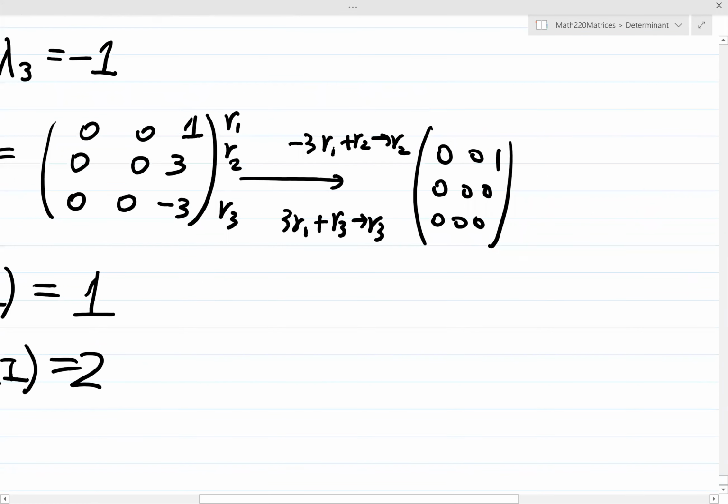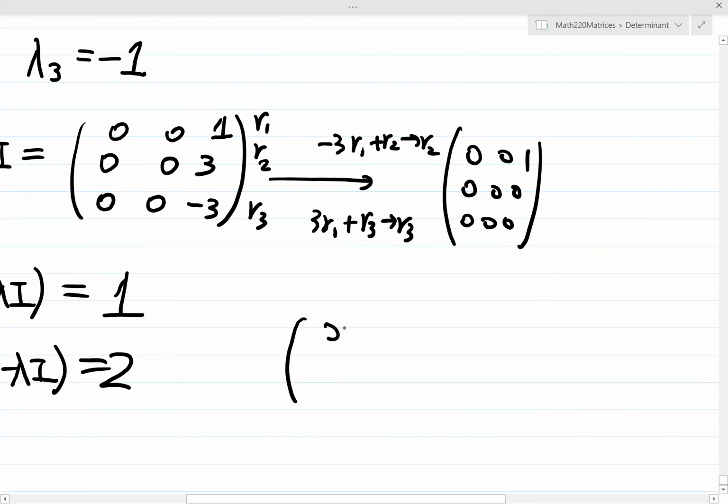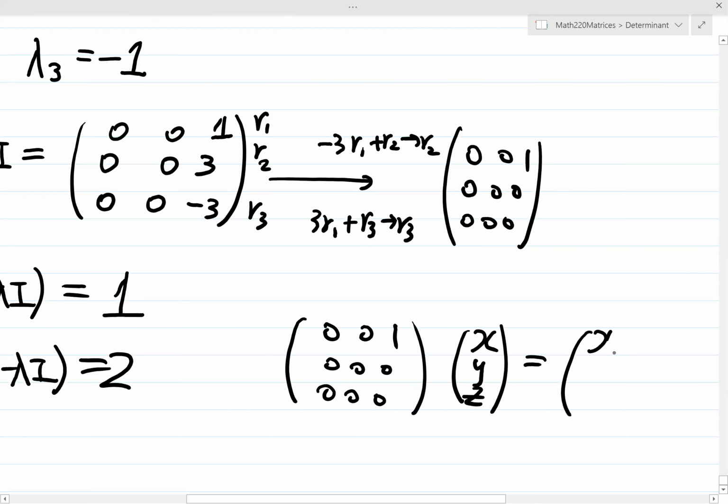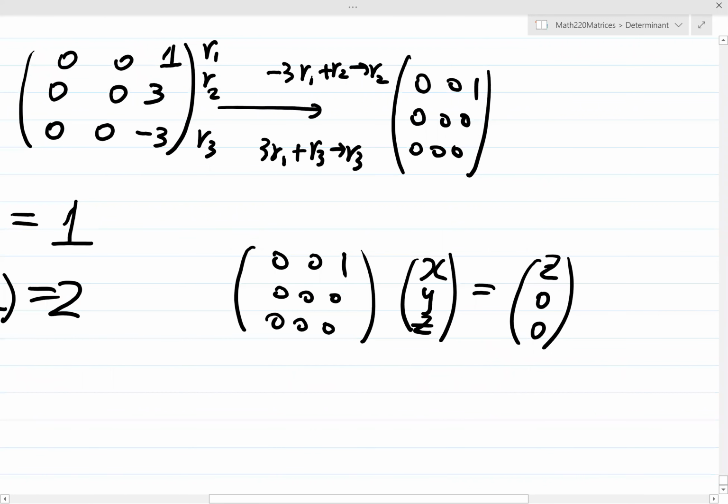Now actually you can find this matrix 0, 0, 1, 0, 0, 0, 0, 0, 0 times x, y, z. This will be, sorry, the first row times the vector, so this will be 0, this will be 0, this will be z. So you see the null space is exactly when z vanishes.